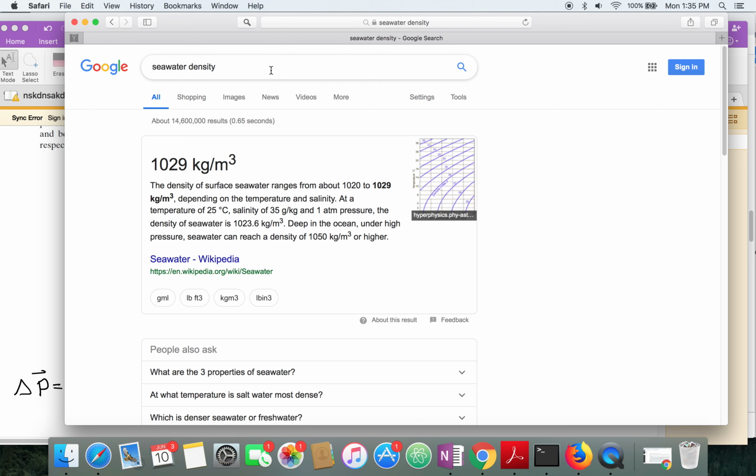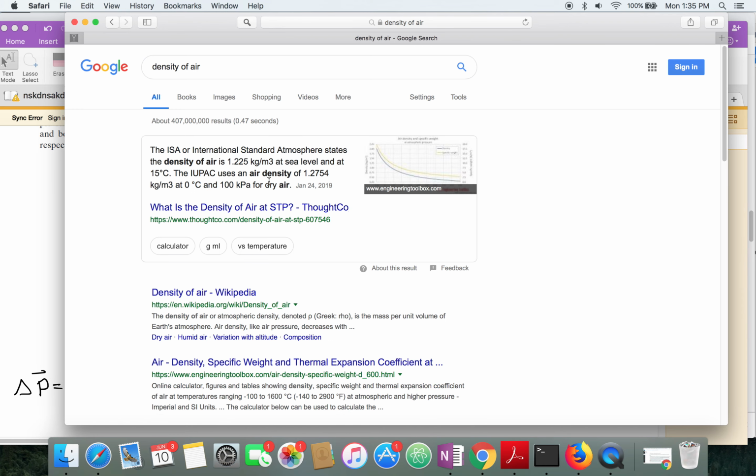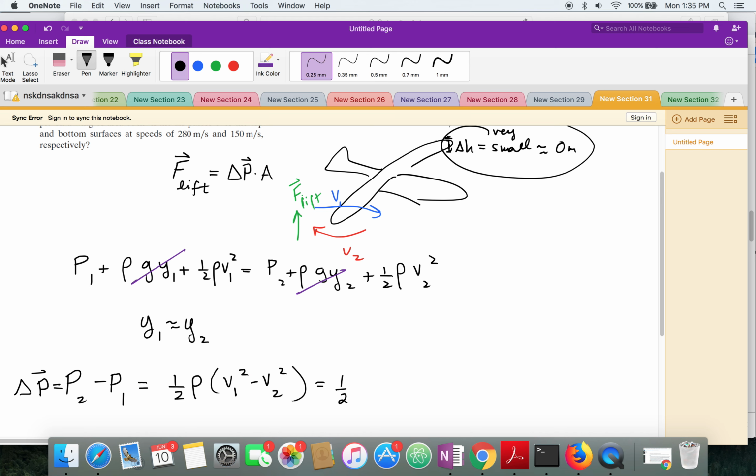Not very surprisingly, it's pretty close to 1. We're going to use 1.225. Obviously it does vary. This is at sea level, and we're not at sea level here, but let's just use sea level, 1.225. You'd be given it if it were something different.